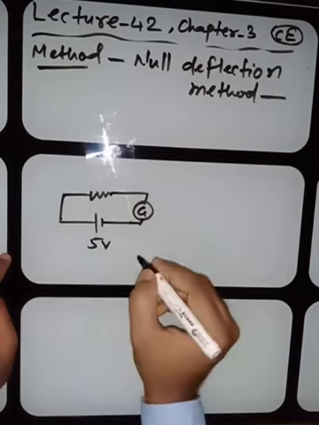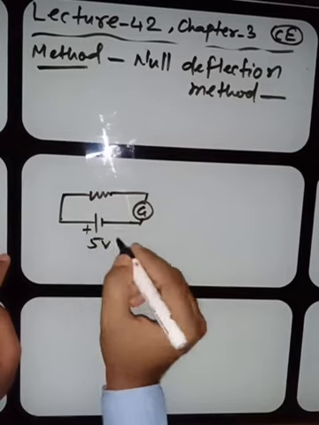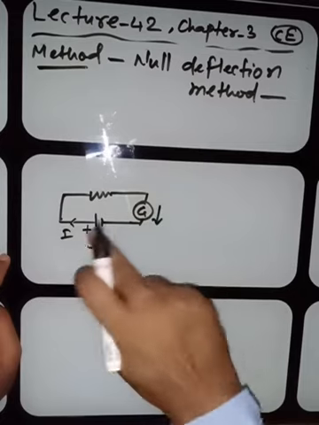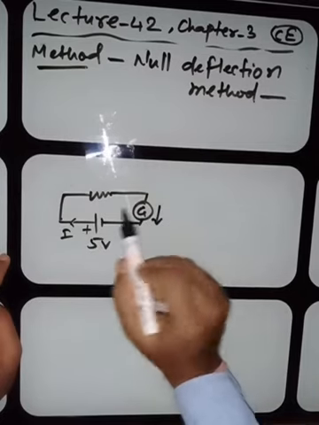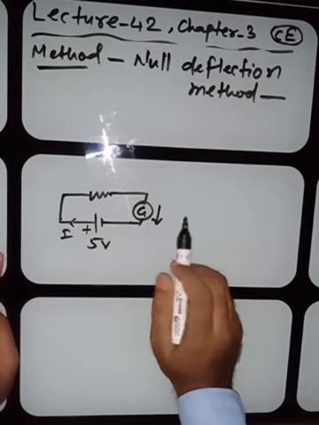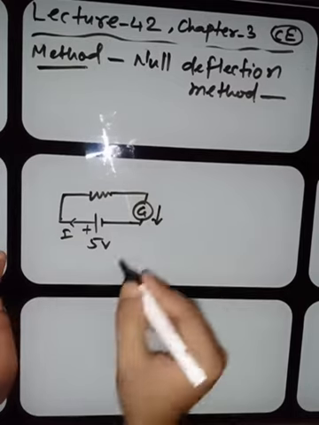What will happen? Will this galvanometer give a deflection? The answer is yes. The current will flow in this direction and the galvanometer will deflect in this way. Okay, very good.